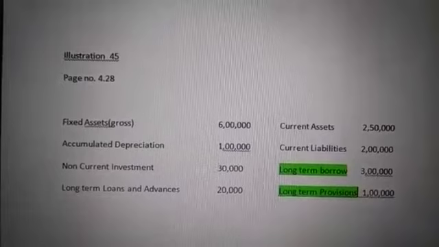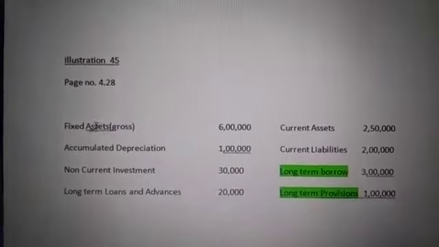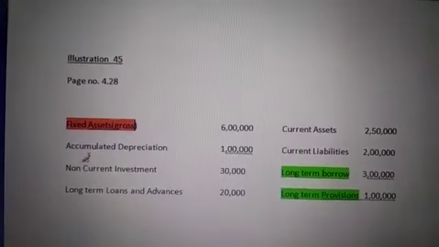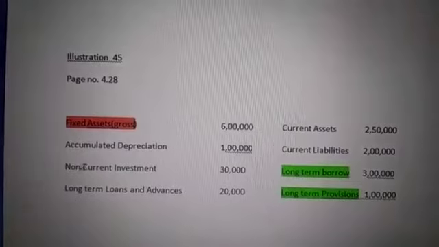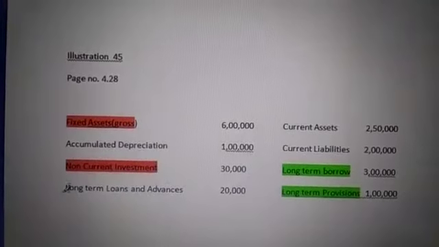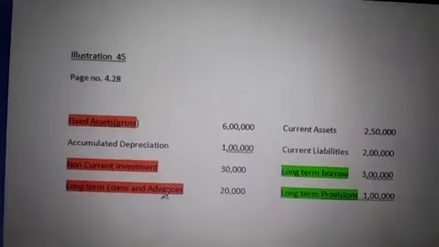I am just pointing it out with red. We have to add fixed assets, this is non-current asset, non-current investment, long-term borrowing and advances.